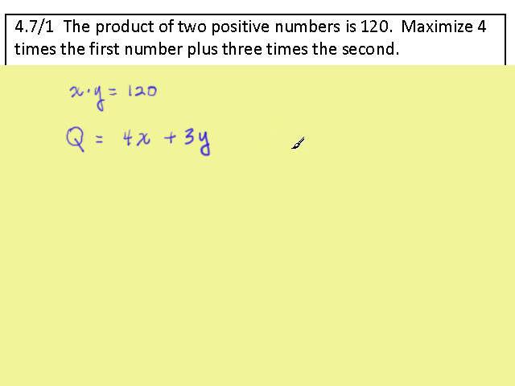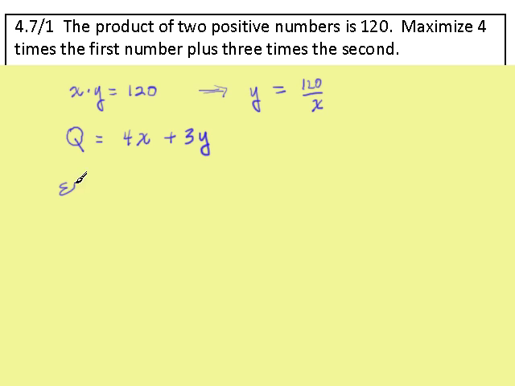So what we want to do is differentiate q, but first we're going to eliminate the extra variable. See, q is equal to a quantity in terms of x and y, and we're going to use what's called the constraint, or this first piece of information, to eliminate either x or y. Let's say y. So if we want to eliminate y, we solve for y, which is equal to 120 over x.